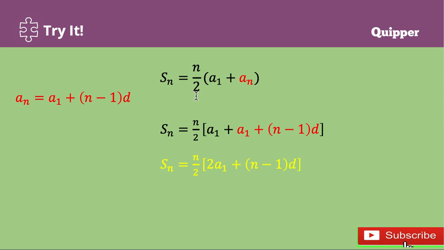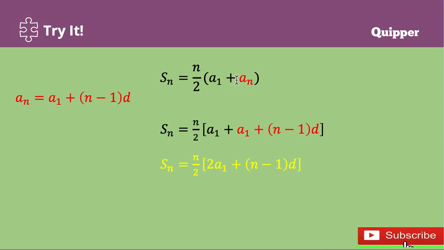Here are the two formulas that we are going to combine. S sub n is equal to n over 2 times the quantity of a sub 1 plus a sub n, and a sub n is equal to a sub 1 plus the quantity of n minus 1 times the common difference. As you observe, I highlighted a sub n here because that is unknown in our given example.